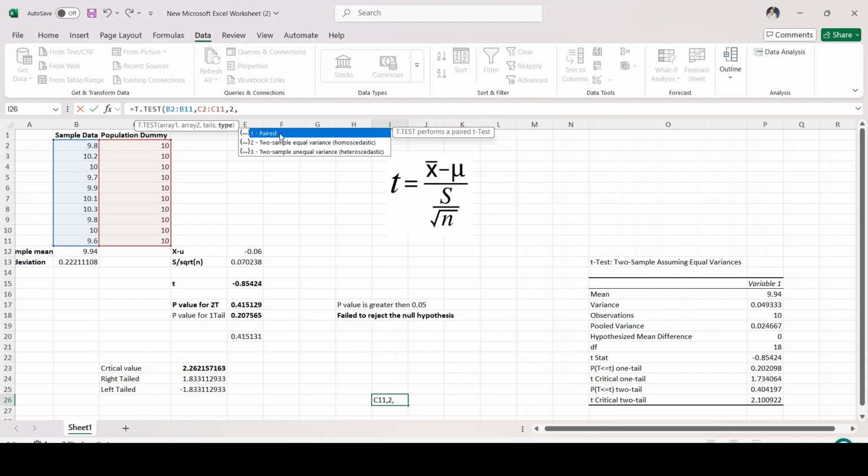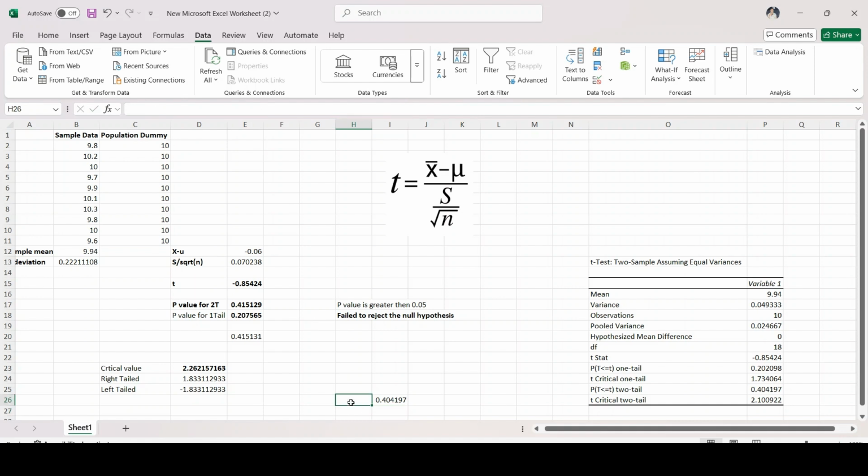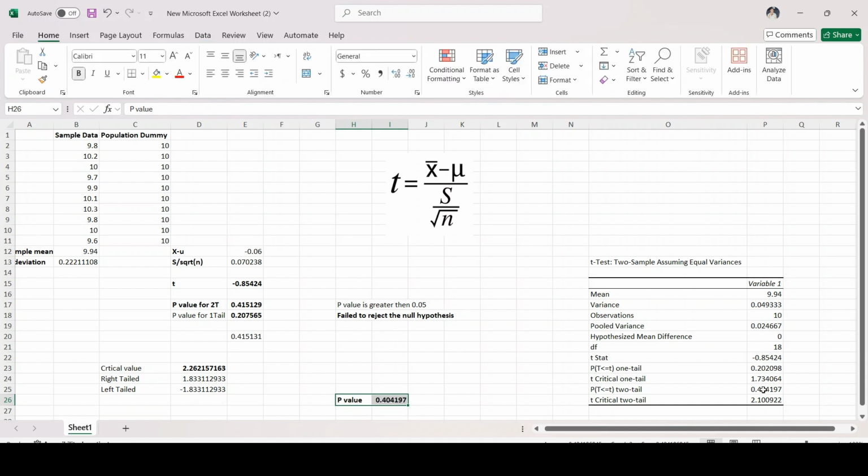Here it is not paired, that means it requires two sample data sets, so we use two-sample equal variances, and we can choose this one, right. So here we can directly find the p value for this data set, the same as we found from here. But actually it's better to first use the p value and critical values method, and then you can state the hypothesis and conclude, and just to verify your results, you can also try with this one, right.